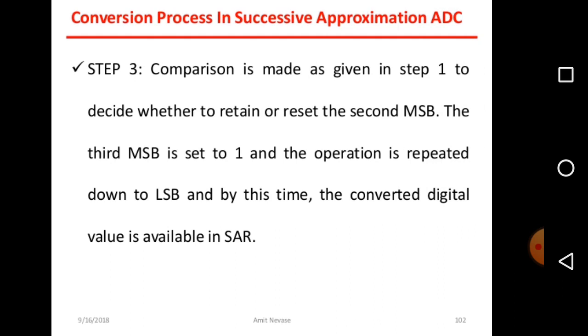Conversion process. Step 3: comparison is made as given in step 1 to decide whether to retain or reset the second MSB. The third MSB is set to 1 and the operation is repeated down to the LSB, and by this time the converted digital value is available in the successive approximation register.